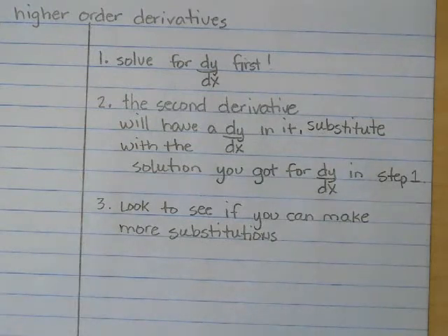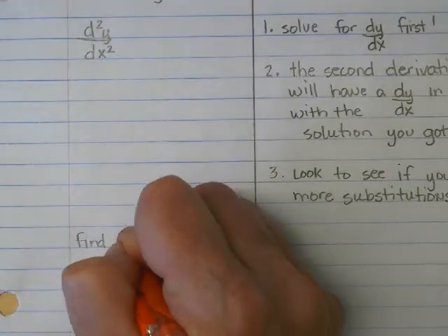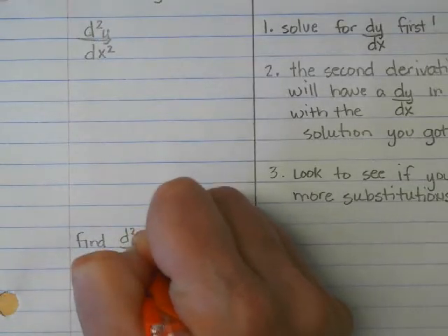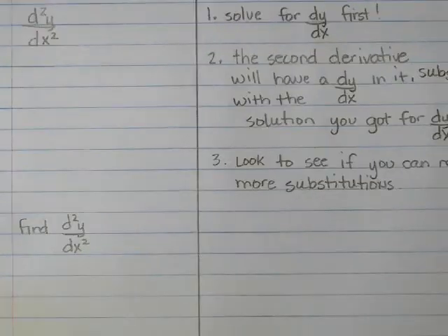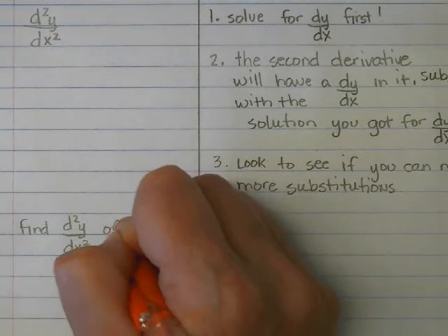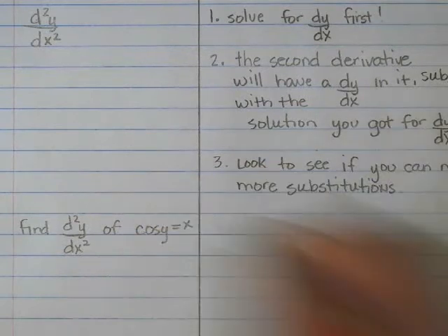So it's going to be kind of like a little puzzle. Okay, so let's look at an example. Let's find d squared y dx squared, or the second derivative of cosine y equals x.